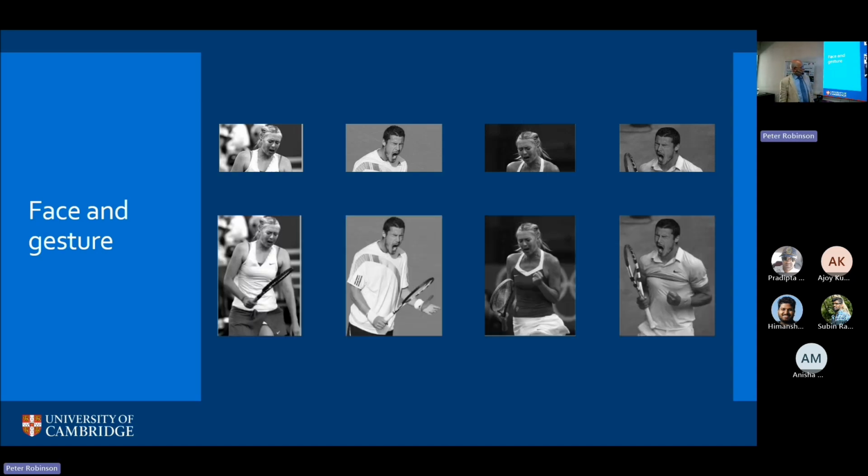But if we look at the rest of the pictures, we see that the first 2 are defeat, sort of low valence, and the second 2 are actually success, high valence, and it's expressed through the body posture, slumping for sadness, upright for success, and also the gesture, the clenched fist or the open palm. So that's another interesting channel, and we looked into trying to see if we could automate analysis of human movements.